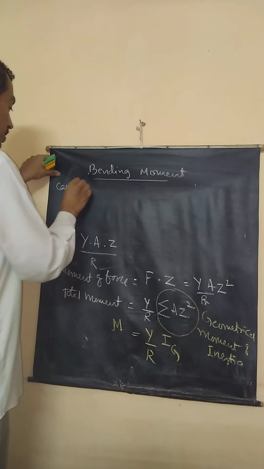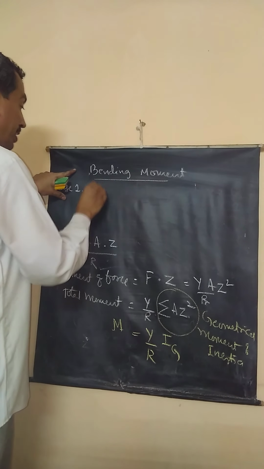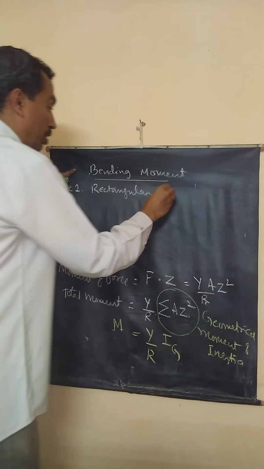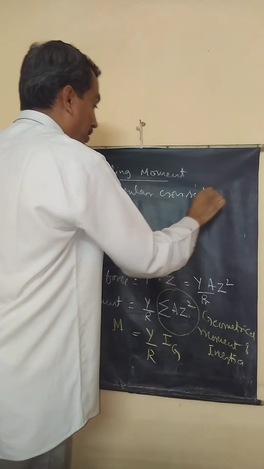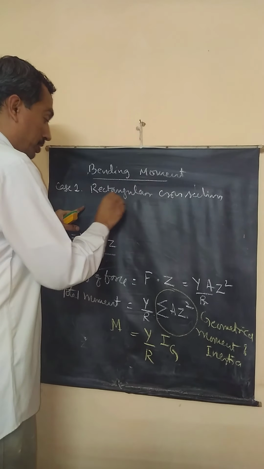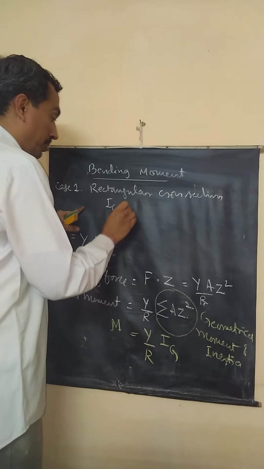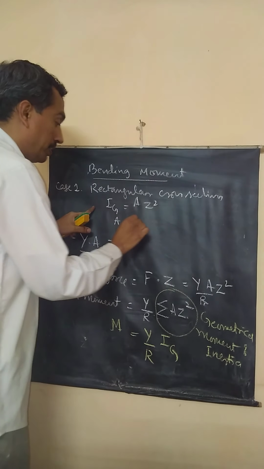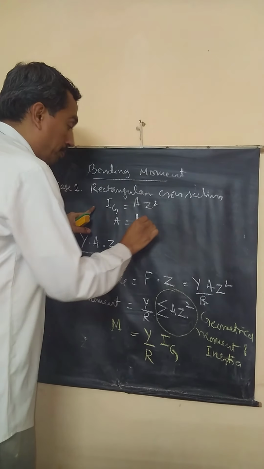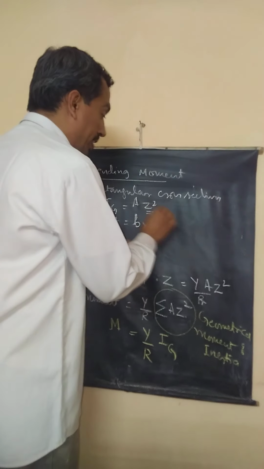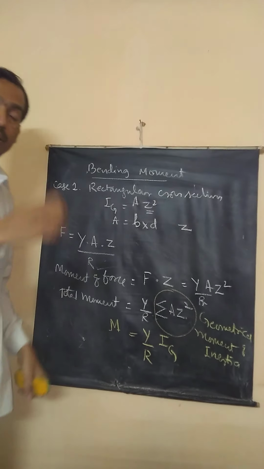Case 1. If the beam is rectangular cross section, then geometrical moment of inertia is given by A Z square. A will be length, breadth into thickness, area. Z is called as radius of gyration, it has dimensions of length square.